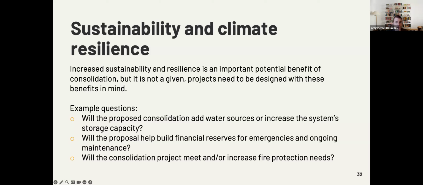Essentially, how is water supply itself affected with the change in governance? Relatedly, and it relates back to TMF, of course, will the proposal help build financial reserves for emergencies and ongoing maintenance? And then specifically, this is so important, especially for a lot of small systems, but also larger systems. Increasingly, will the consolidation project meet or increase fire protection needs?